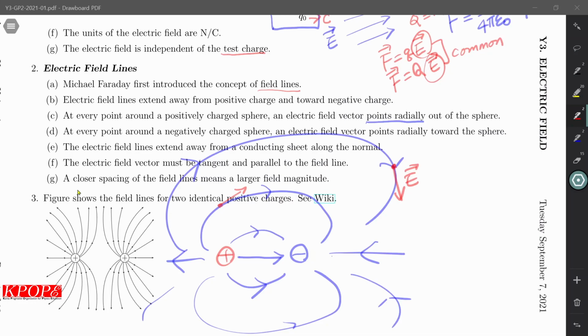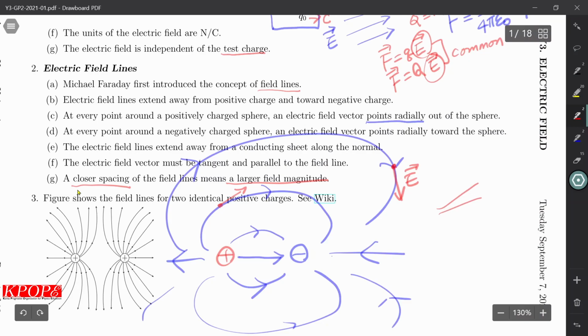A closer spacing of the field lines means a larger field magnitude. So the electric field lines are dense. For example, here, strong field.